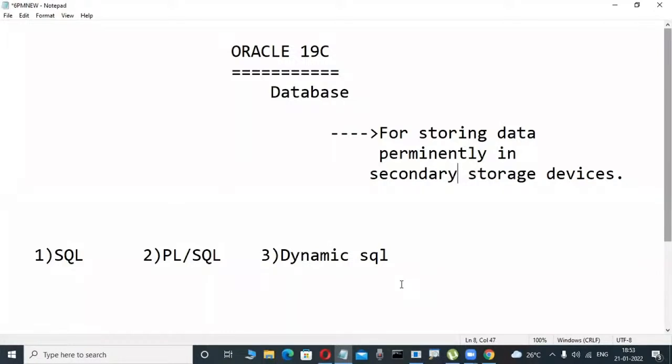ETL developers always need subqueries, joins, materialized views, indexes, partitions. OLAP features like rank, dense rank, analytical functions like lag and lead, some knowledge is required, and PL/SQL stored procedures.